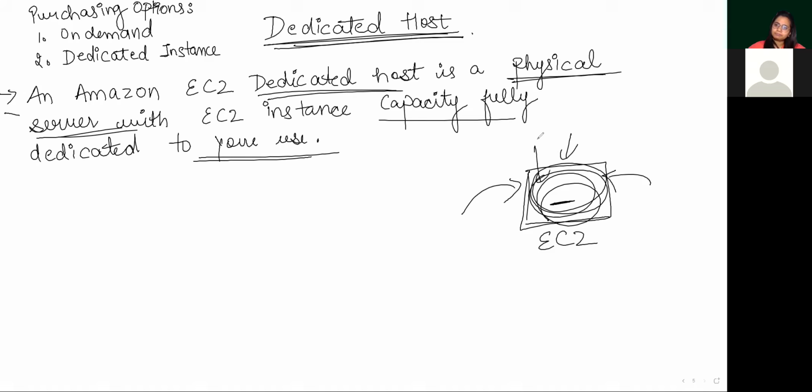Means if the virtual CPU of this is like 1 to 8 units, these 8 units will be used only by the applications that you want to run in this EC2. No other person or other EC2 can interrupt this.